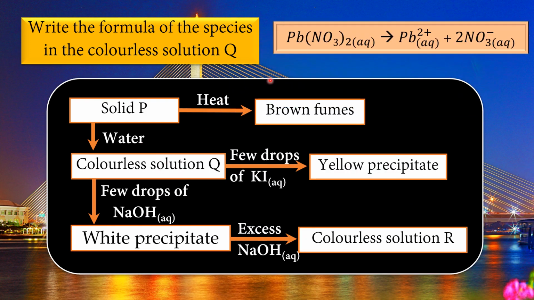The colorless solution is lead(II) nitrate aqueous, meaning that it dissolves to form lead(II) ions and nitrate ions because it is aqueous, soluble. Lead nitrate is going to give us lead ions plus nitrate ions. So those are the ions that we have found in this colorless solution.